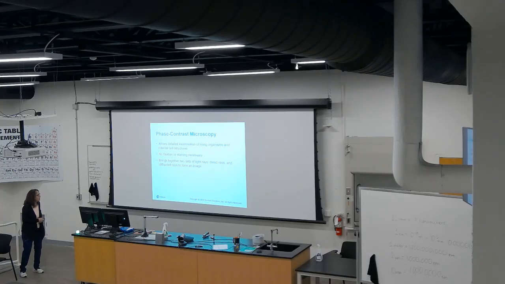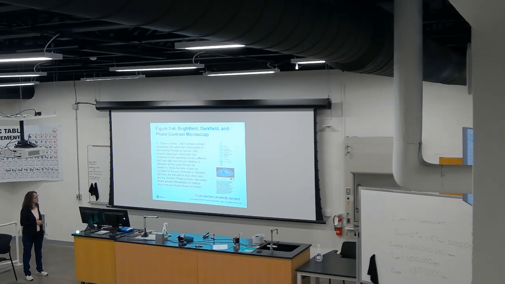In this case, we have two sets of light, direct rays and diffracted rays, that form an image. Some will be in phase, other ones out of phase. With these two rays of light, you can see internal structures and differentiate them from external structures. You don't need to fix these specimens and you don't need to stain them.